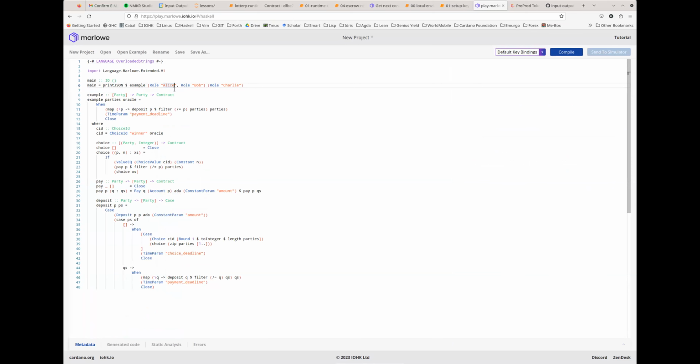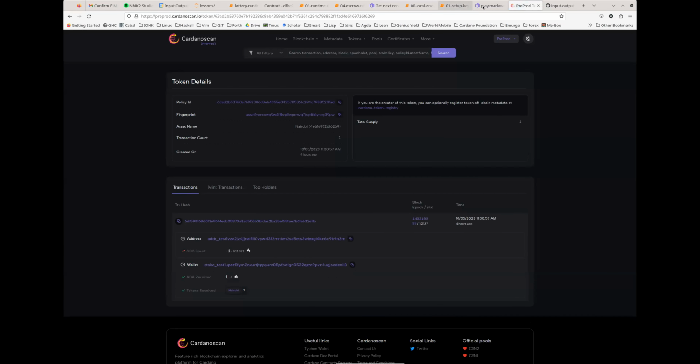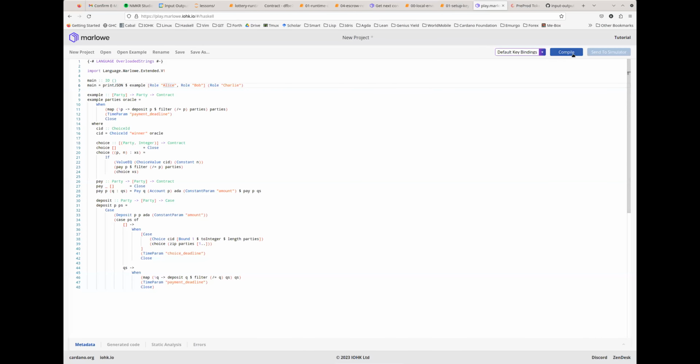Now the first question is, there are 2 ways. I explained about these parties. Parties are the participants to a contract. I mentioned that last week, and we can also see it in Blockly. Can we see it in Blockly?